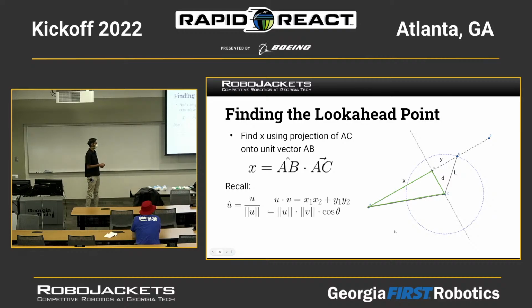Using this formula, x1 times x2 plus y1 times y2 is equal to u dot v times the cosine of the angle between them. And from that we can just extract X.